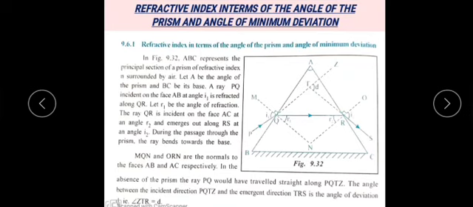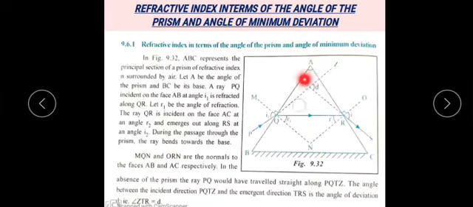There are two lines here, MQN and ORN, which are the normal lines to the faces AB and AC.